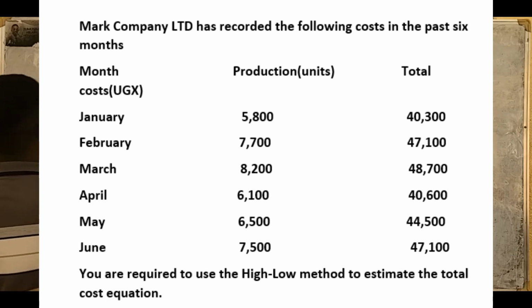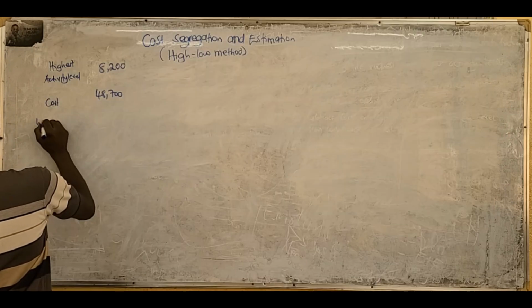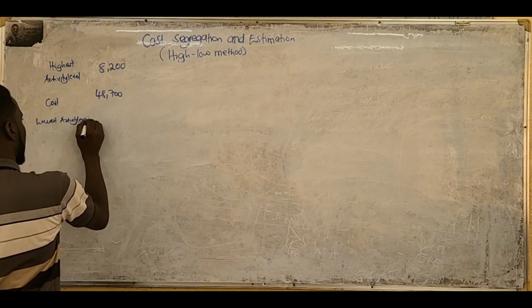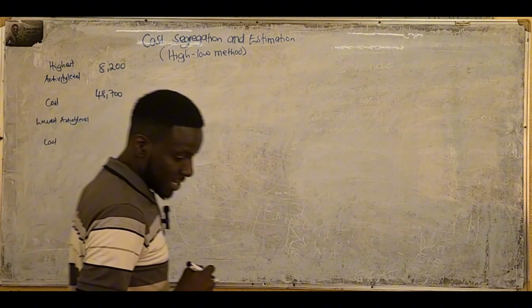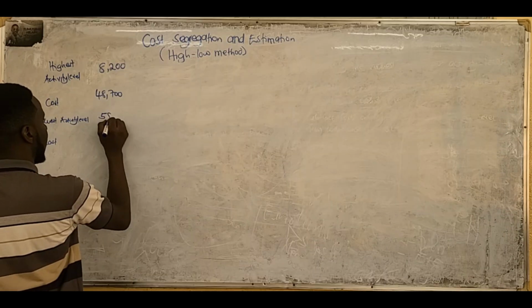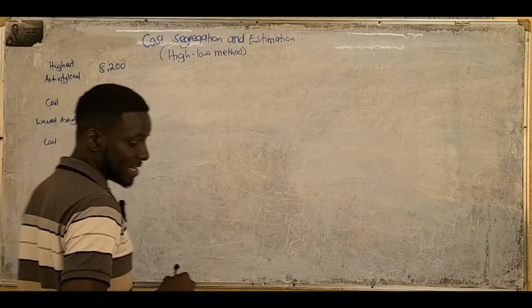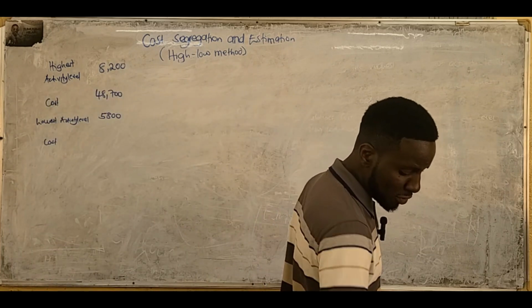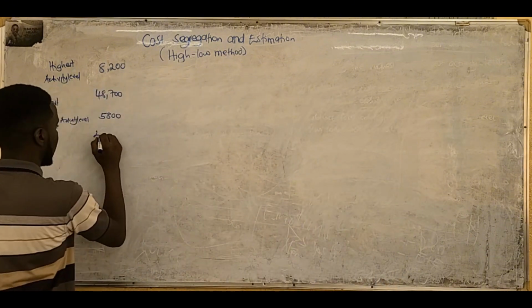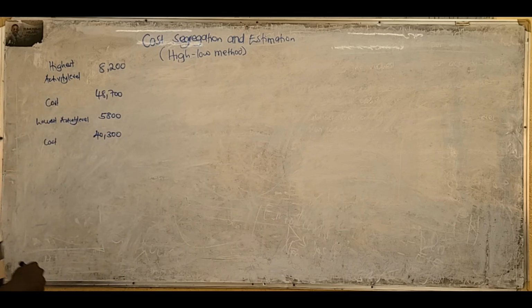Now let us look for the lowest activity level and the cost associated. Our lowest activity level is in the month of January, it is 5,800, and the associated cost is 40,300.